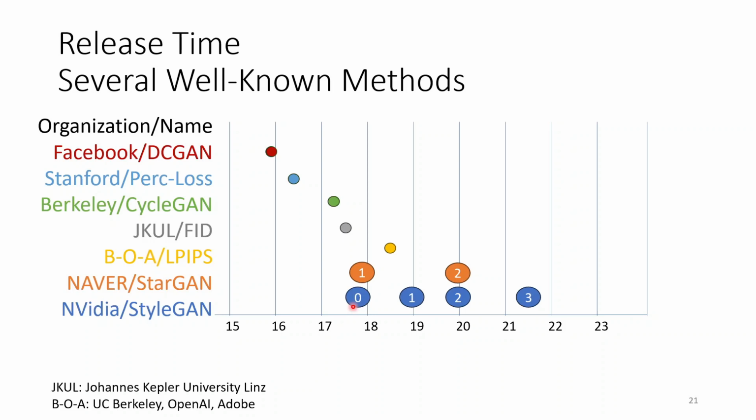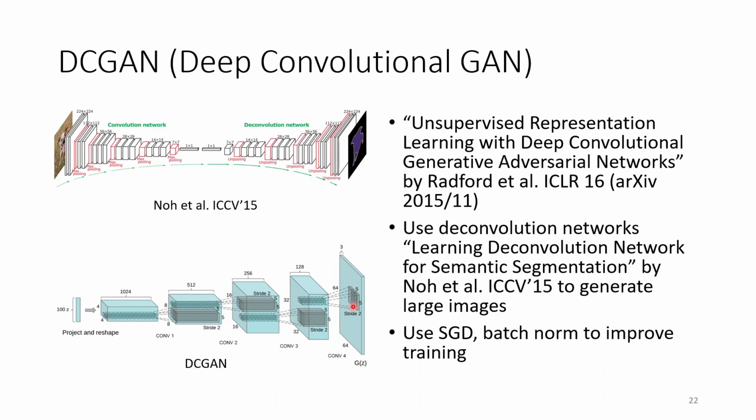Okay, so let's talk about the DCGAN. The DCGAN is important because, I should say, this is DCGAN, and this is another paper.